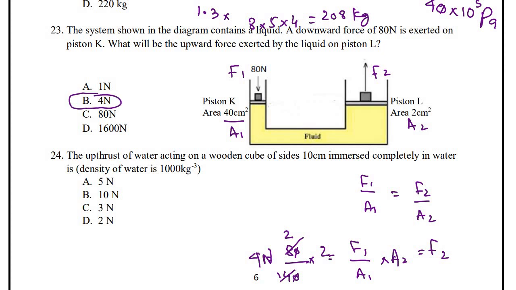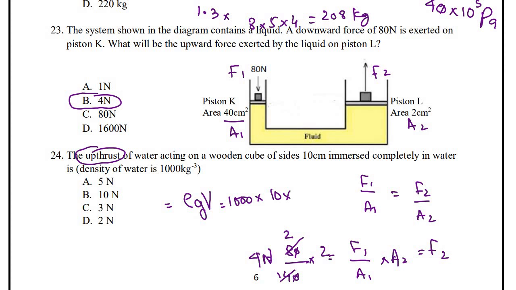The upthrust force of water acting on a wooden cube of size 10 centimeter immersed completely in the water. So the formula of the upthrust force is equal to rho, g and volume. So density is 1000, the gravity is 10, and the volume will be equal to side multiplied by side into side.